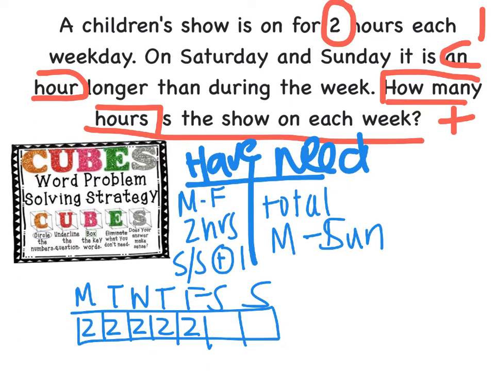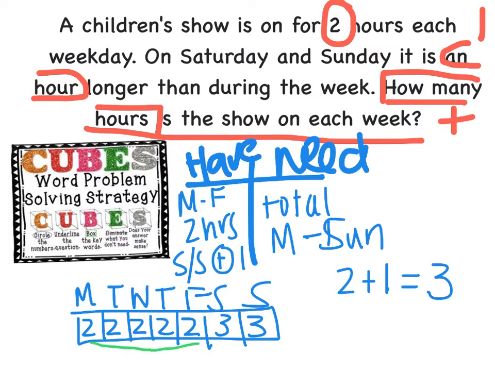So if it's on 2 hours during the week, it would be plus 1 on the weekend, which is 3. Now I could either figure out the total for the weekend and the total for the weekdays and then add it up, or I could add up all these numbers, whatever you decide. I find it easier to break it down because then I can use some multiplication.